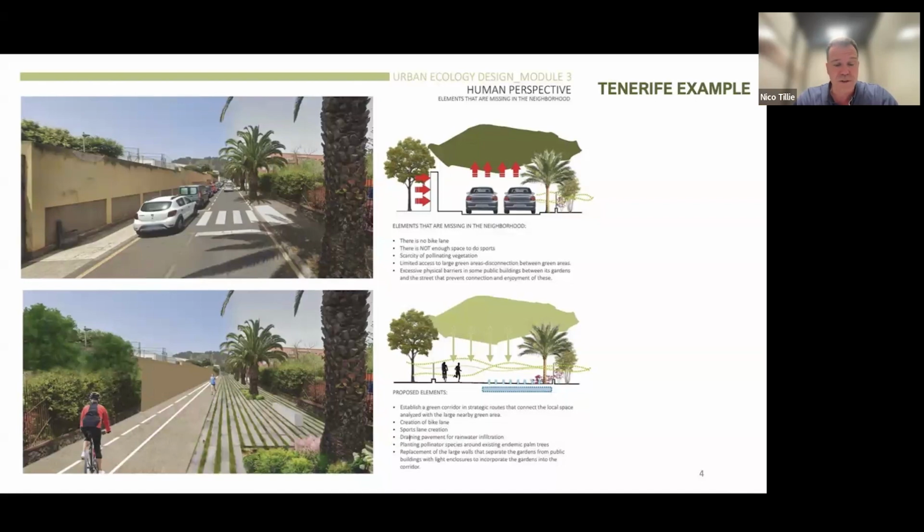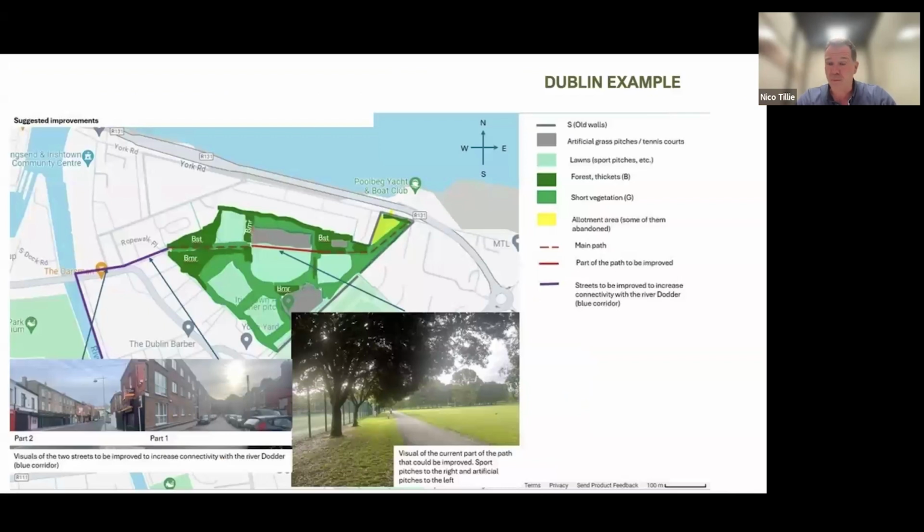We also see very nicely that the wall on the left has been replaced by a hedge, which links the gardens to the street, so that there's more interaction between the gardens and the street.